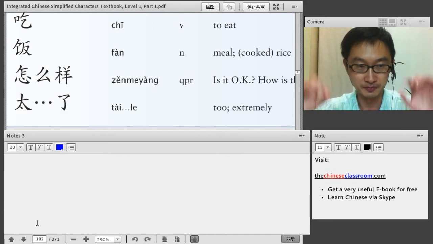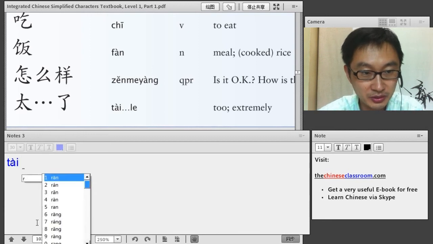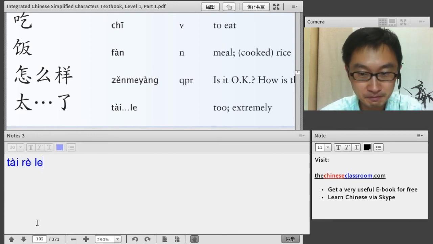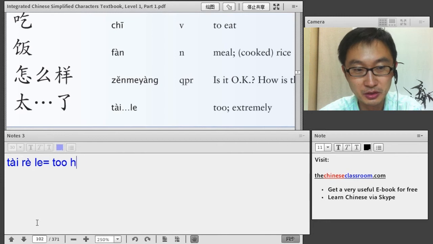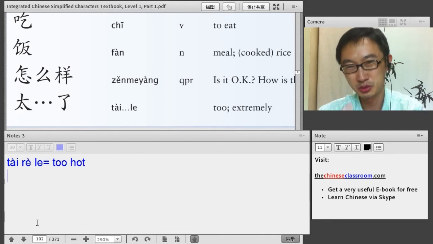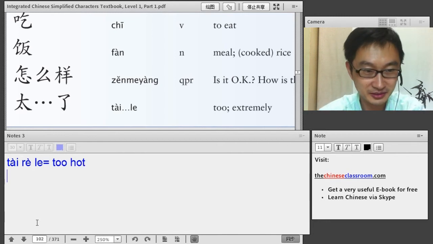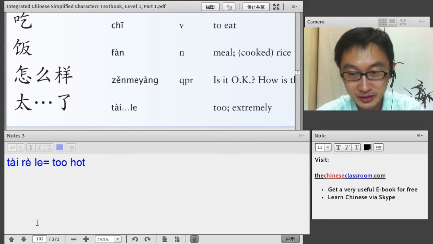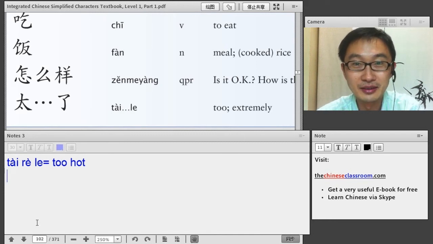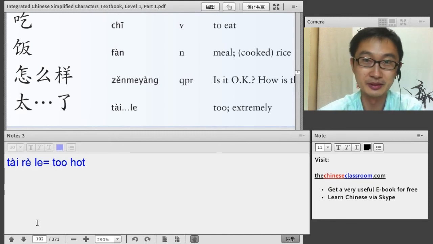Give example, 太热了, which means too hot. Kind of too hot, you don't like it. But not always. Not always you don't like it.